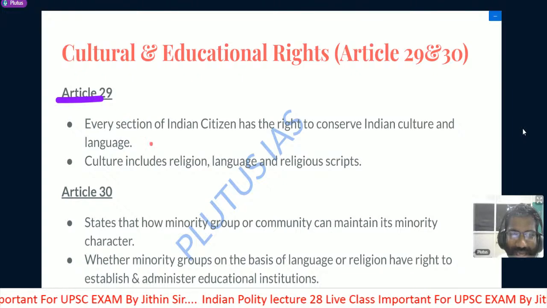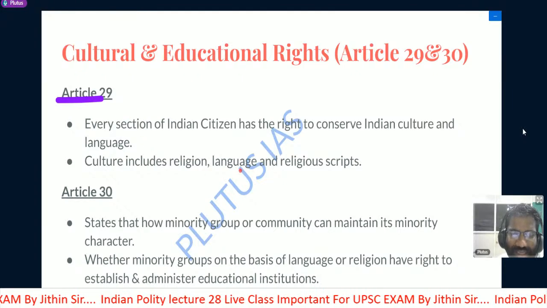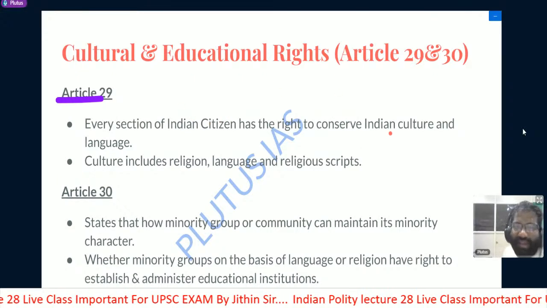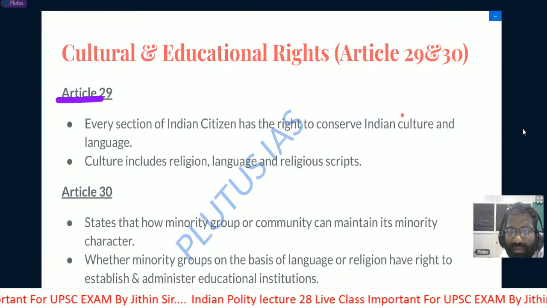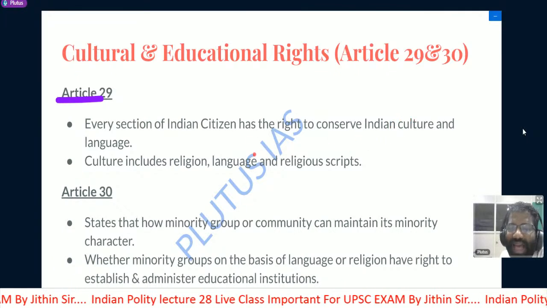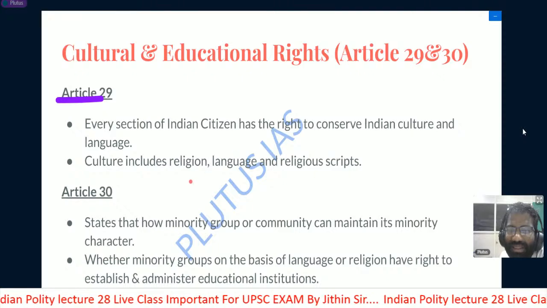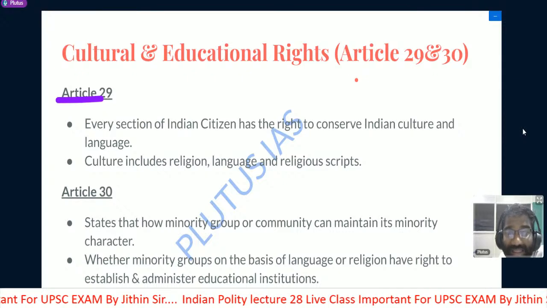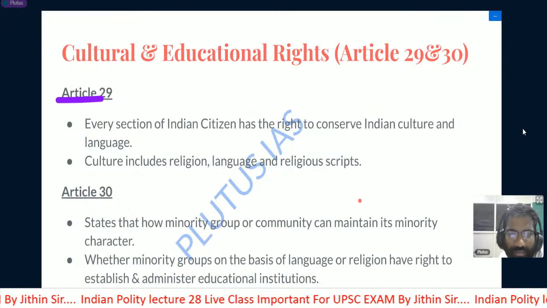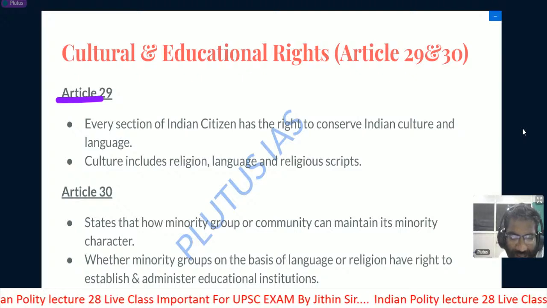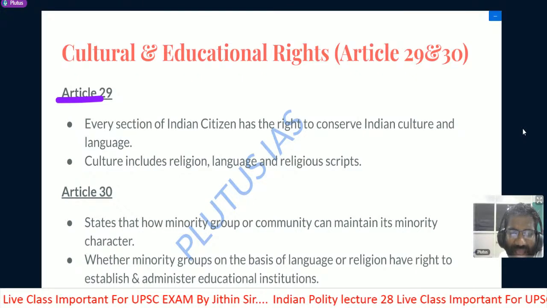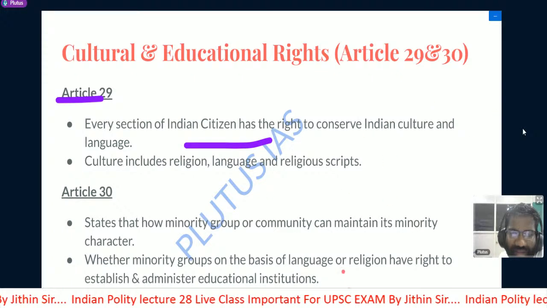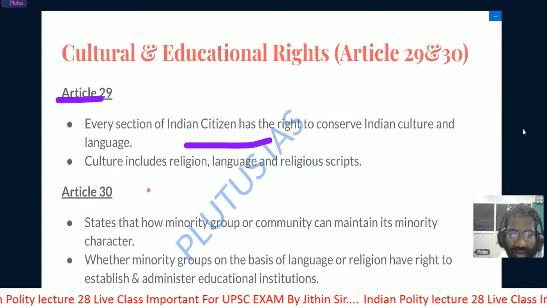Write down. Article 29 says that every section of Indian society has the right to preserve and conserve Indian culture and Indian language.